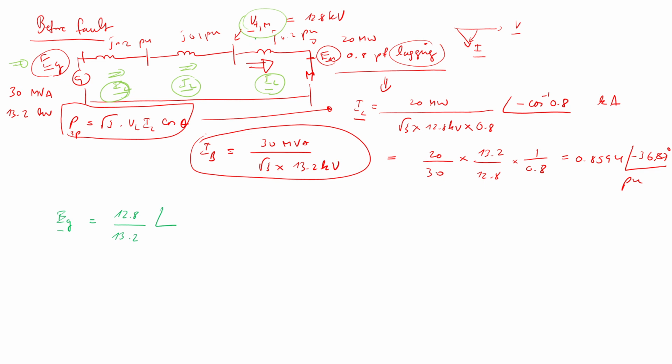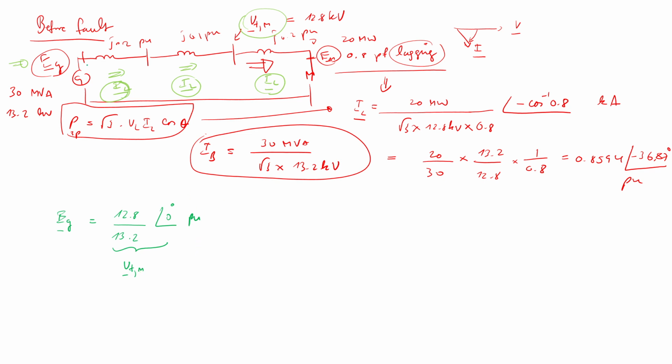At the motor terminal, the reference angle is 0. So you put the angle of 0. This is the VT, now in per unit. This quantity is VTM, the terminal voltage at the motor in per unit.